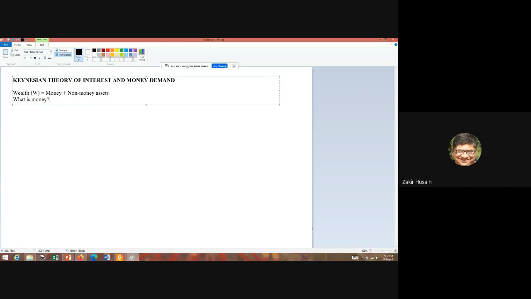Now, can you define money? Medium of exchange. Yeah, money is a matter of functions: a medium, a measure, a store.